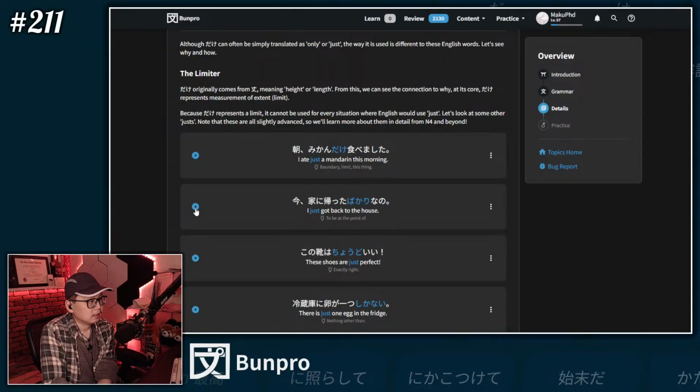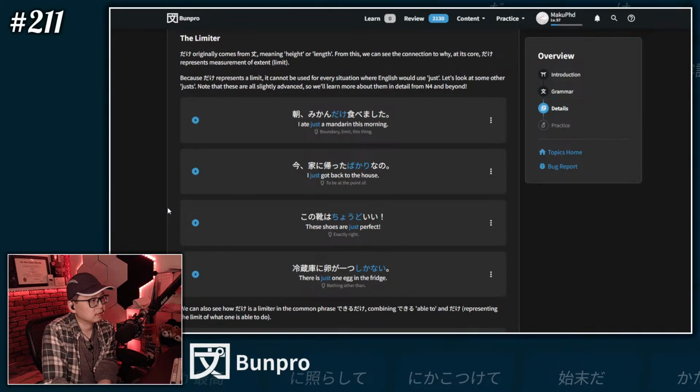So 今家に帰ったばかりなの。What? Wait. Are they contrasting? I think they're using different types of limits.